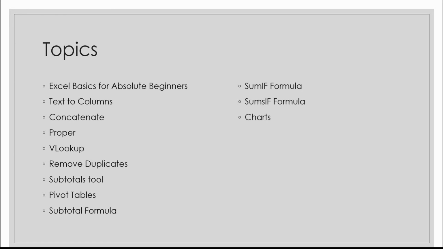Then the next thing we're going to actually cover is going to jump over to the developer tab, which is a way to program, code with Excel using Excel VBA. VBA stands for Visual Basic for Applications.